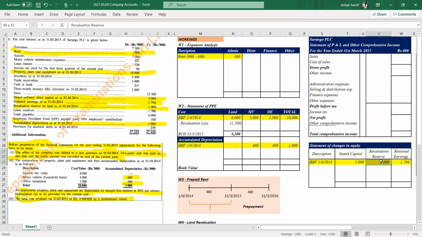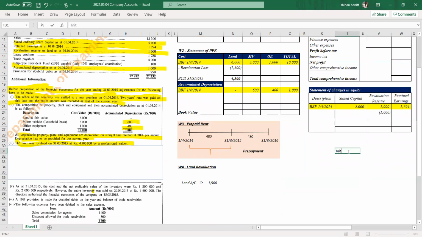So revaluation reserve, already there is 1,000. So from that we have to deduct 1,000, because last year, previous year, or before this revaluation, they have made a revaluation initially. So this is a subsequent revaluation, right? So the revaluation can be initial revaluation and subsequent revaluation.